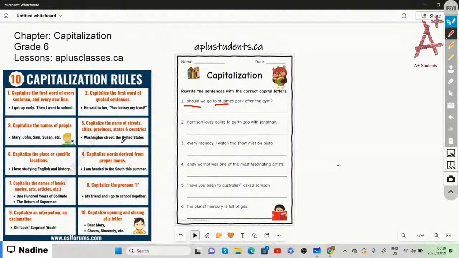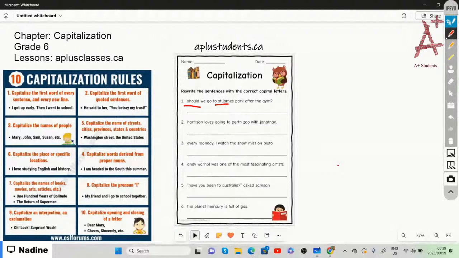Remember, the first word of every sentence needs to be capitalized. So this is going to be Should.